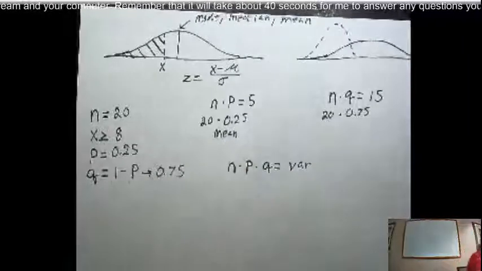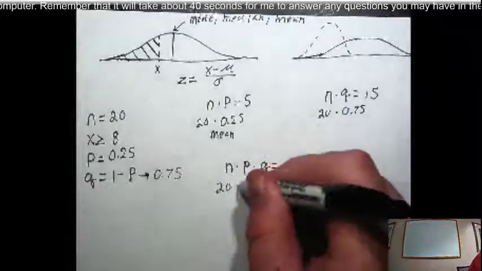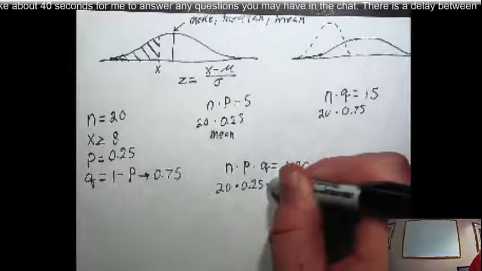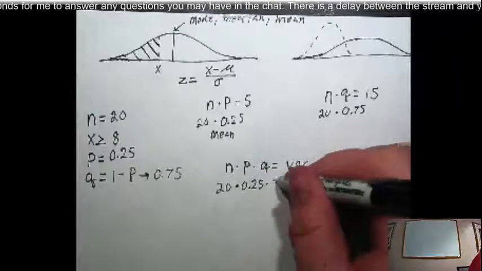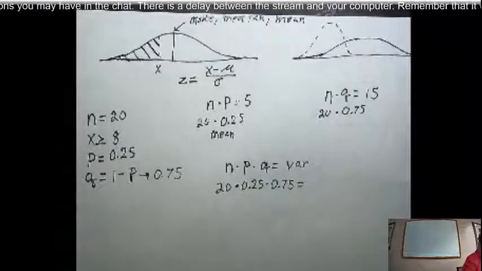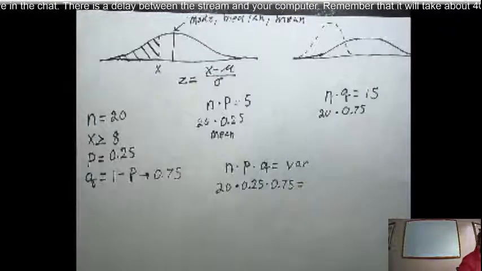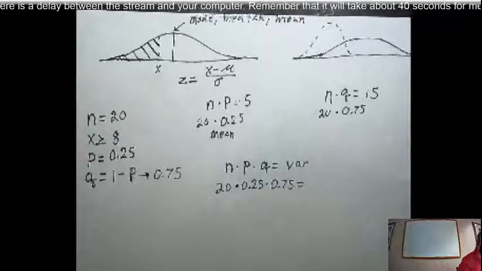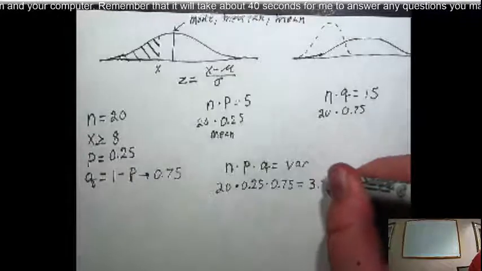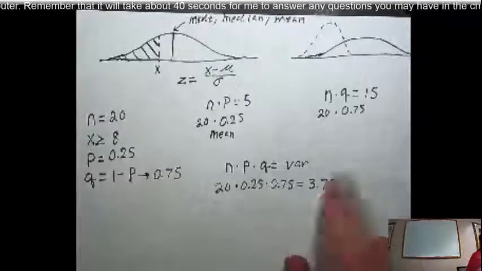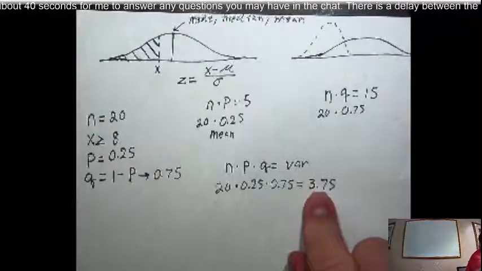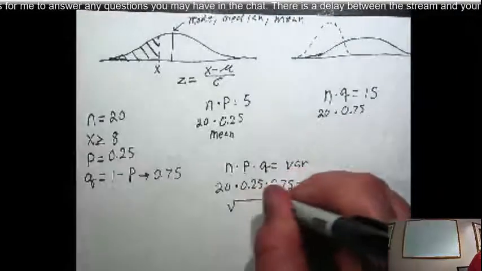So let's go ahead and plug the numbers in. Again, n is 20. P is 0.25. Q is 0.75. So multiply all those together. And I think that's 3.75. 20 times 0.25 times 0.75. Yeah, 3.75. But again, this is not our standard deviation. This is variance. In order for us to make this into standard deviation, we need to do the square root of that.